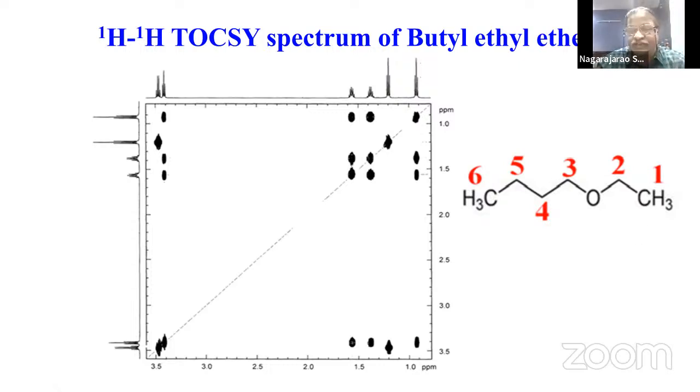What TOCSY does is, it will identify all the spin systems in one experiment. Look at it. I have a peak here. I will consider this as CA3. I don't know which CA3.